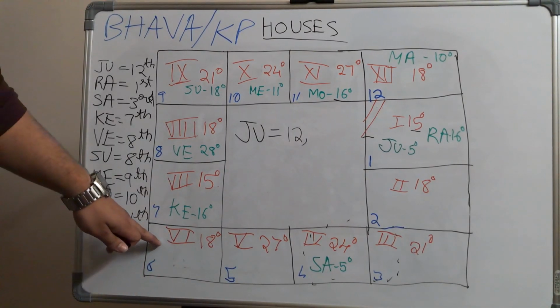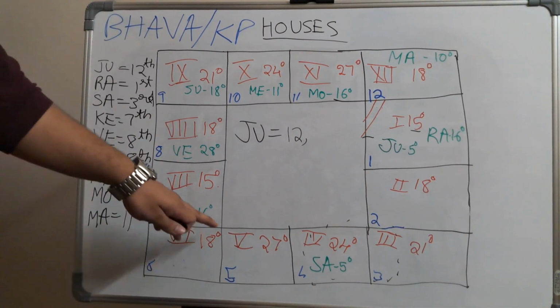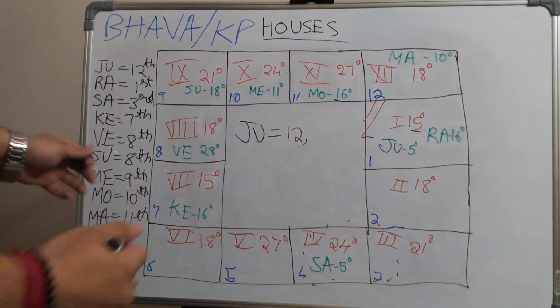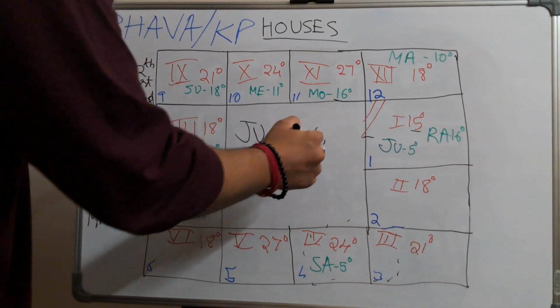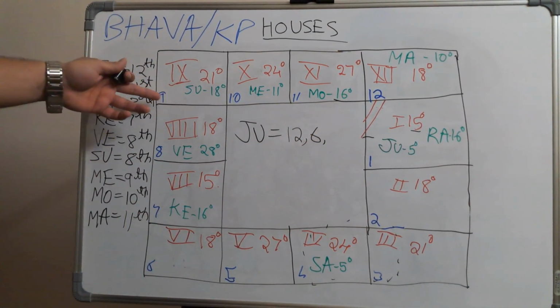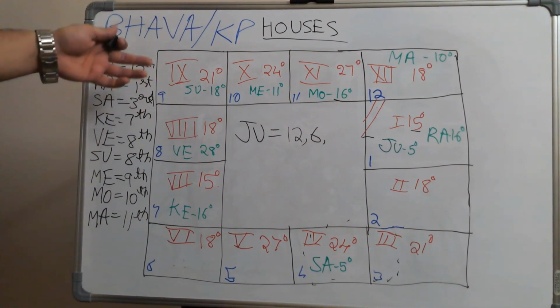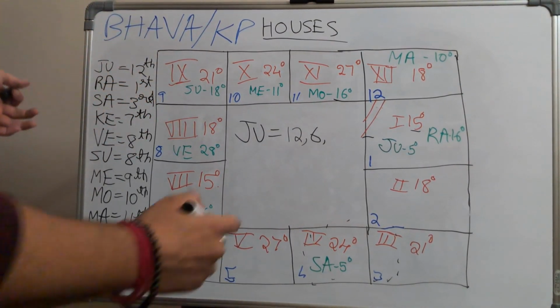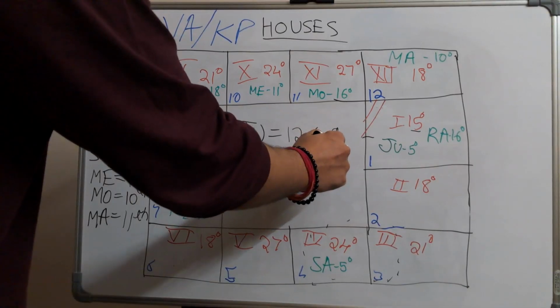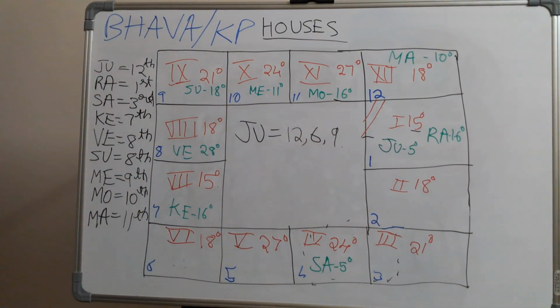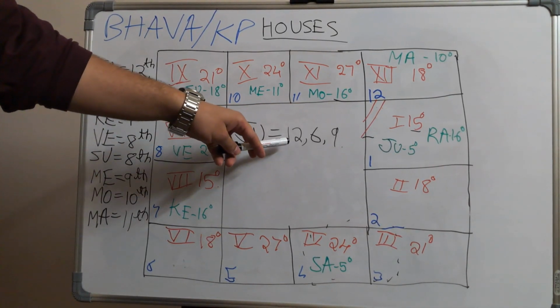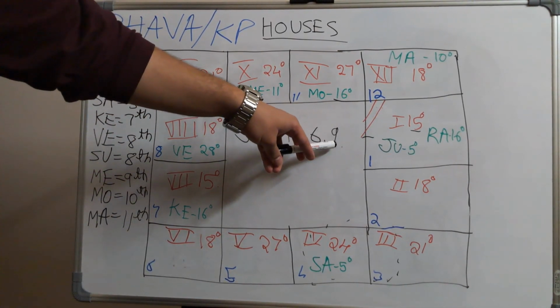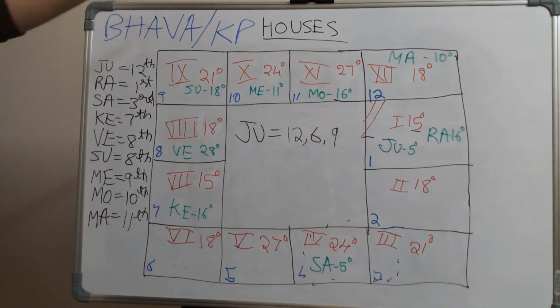Jupiter owns Sagittarius, the 6th house. So 6, and here Pisces is owned by, or the lord of Pisces is Jupiter. So the 9th. This becomes the signification of Jupiter, because Jupiter is in the 12th house and Jupiter owns the 6th and 9th houses in this chart.